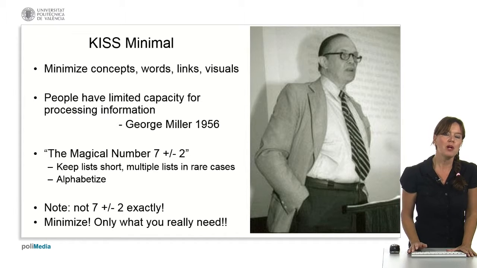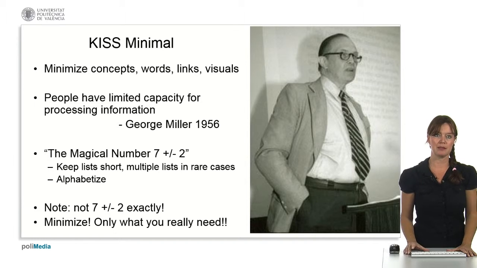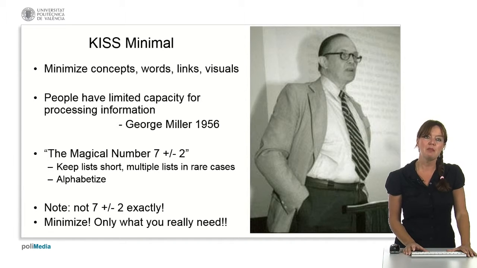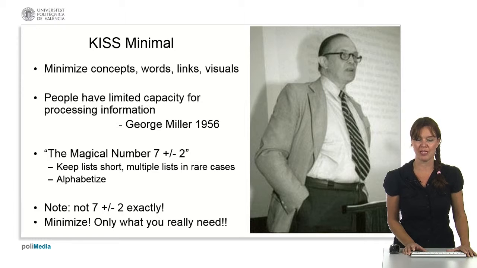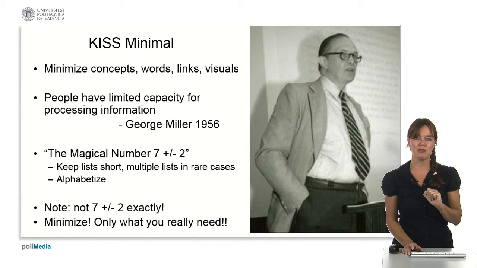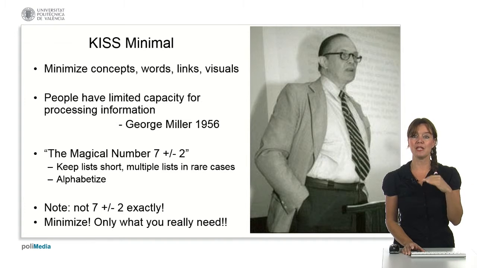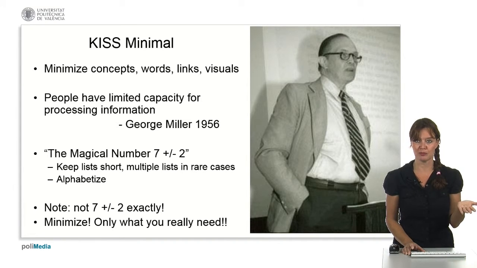This is based on a study done by George Miller. He says that people have limited capacity for processing information. So, don't overdo it with the information. In his study, he indicates that there's a magical number 7 plus or minus 2, which means that we should keep lists as short as possible: 7 plus or minus 2 items.